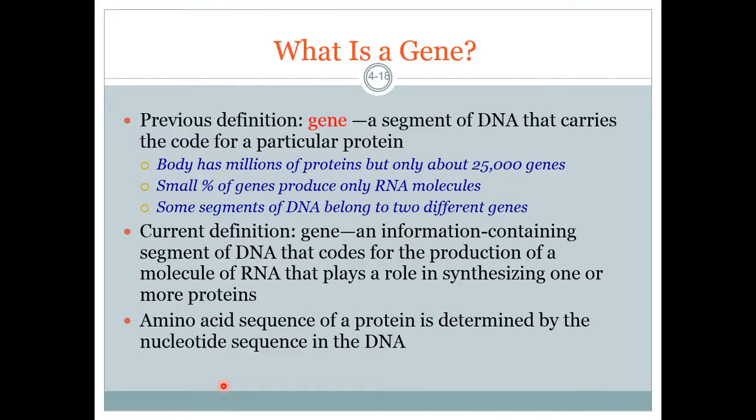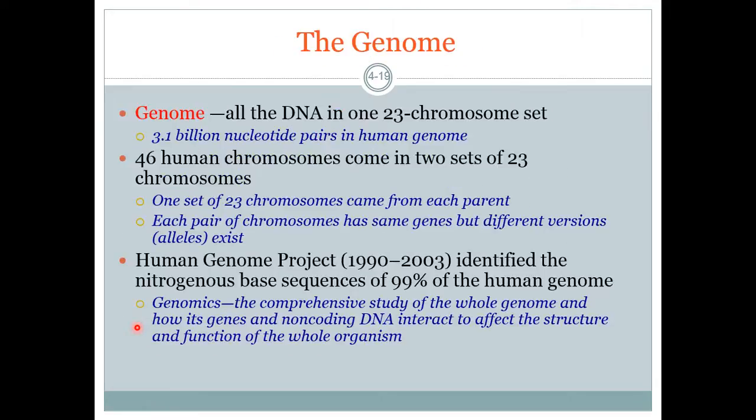Now, the 46 chromosomes come in two sets of 23, one set for each parent. All the DNA in one 23 chromosome set is called the genome.